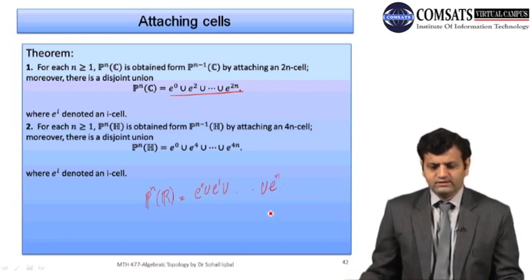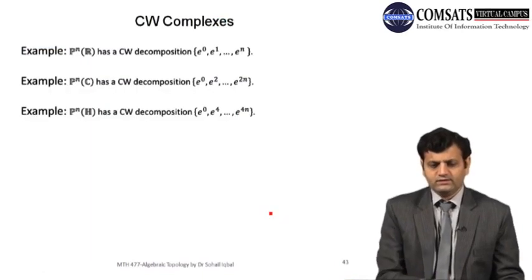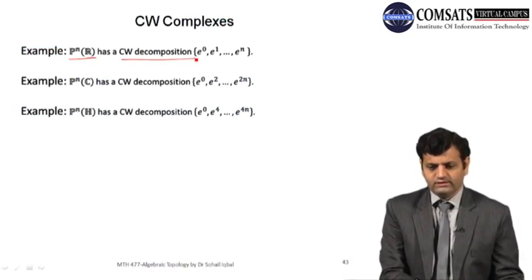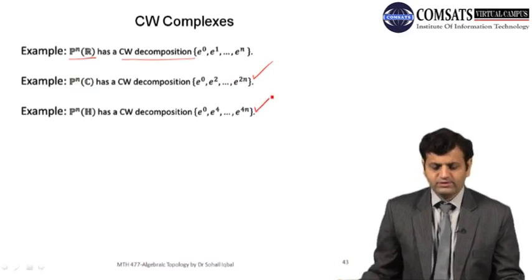This tells us that the real projective n-dimensional space has a CW decomposition given like this, the n-dimensional complex projective space has the following CW decomposition, and the quaternionic projective space has the following CW decomposition.